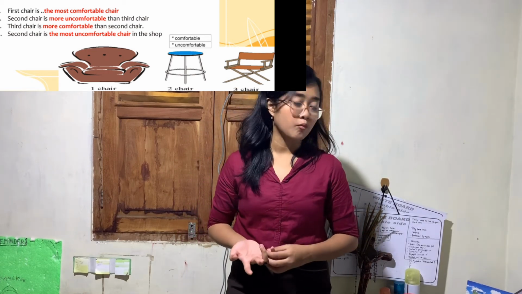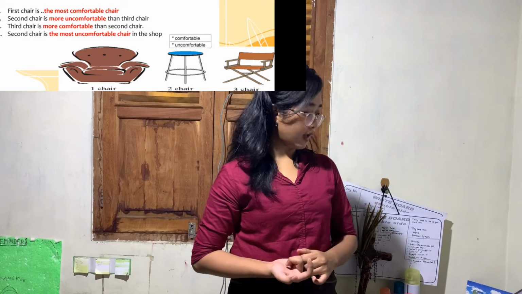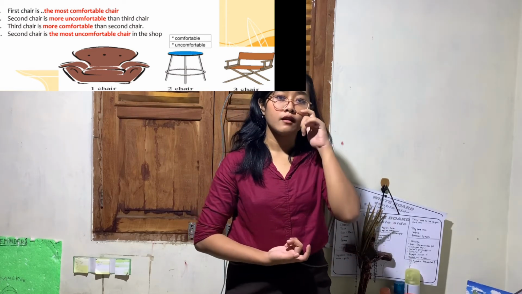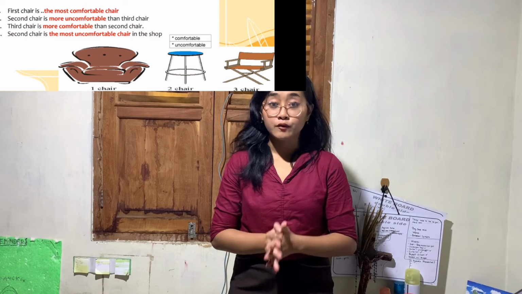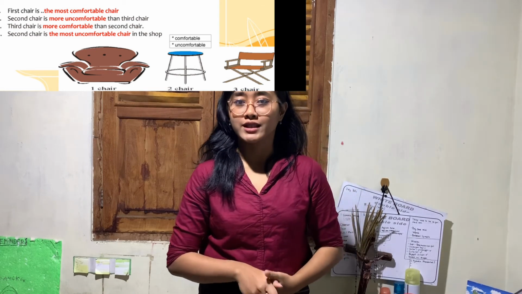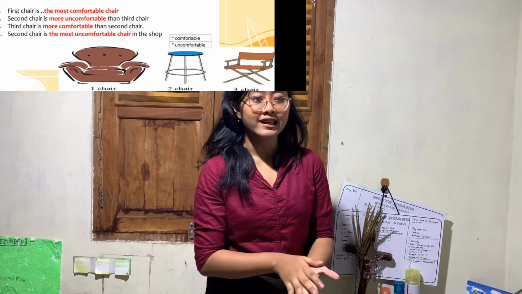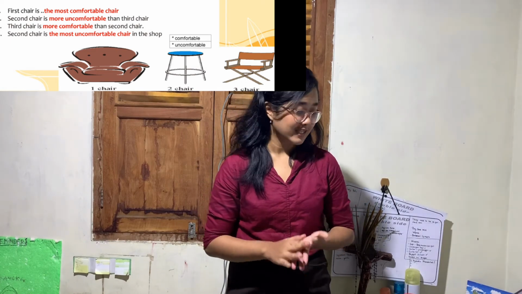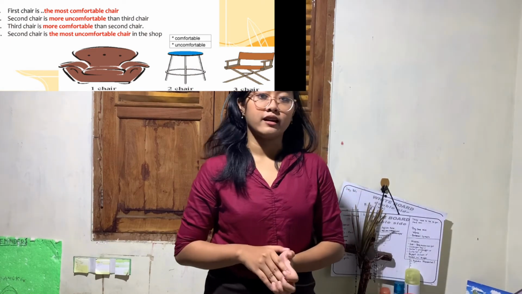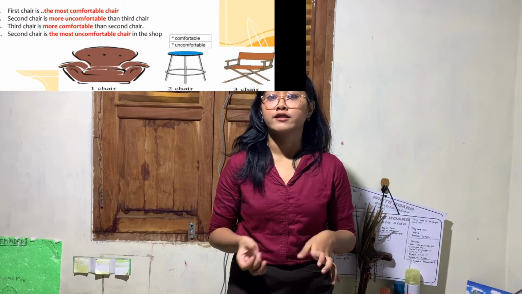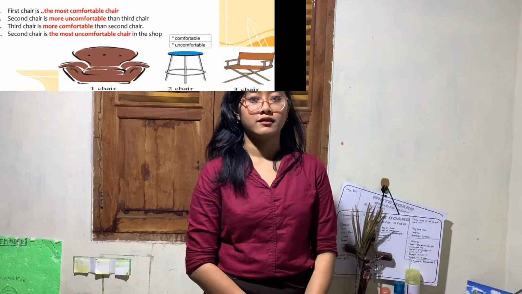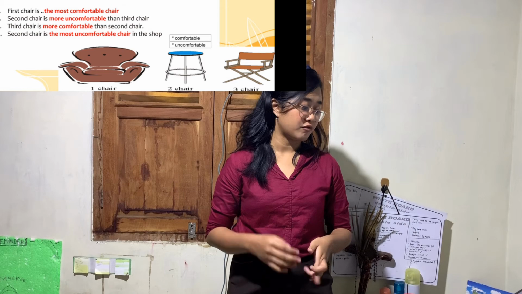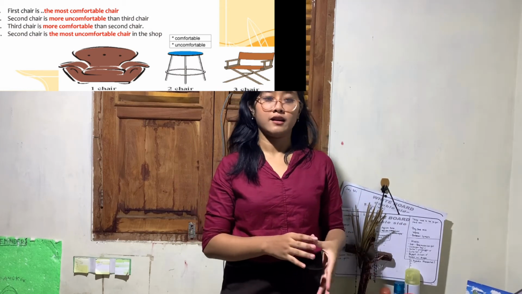Second chair is more uncomfortable than third chair. Why? Anyone want to answer? Okay, Kathy? Yes? Okay, great. Because the third chair, it's not a sofa, it's just an ordinary chair. It's not really more comfortable than the first chair.